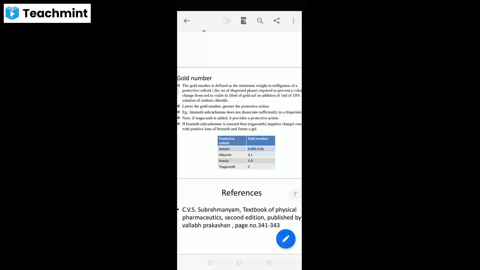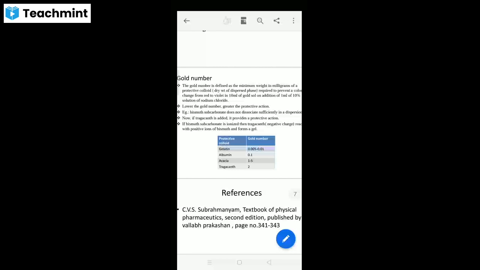Now what we want to do? We need to protect that gold sol. How can we do that? We need to add hydrophilic colloid in that, so that what will happen? Our gold sol, which is basically a hydrophobic colloid, will get protected from the sodium chloride solution.